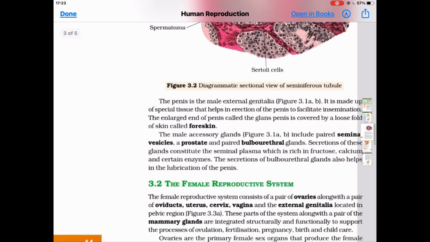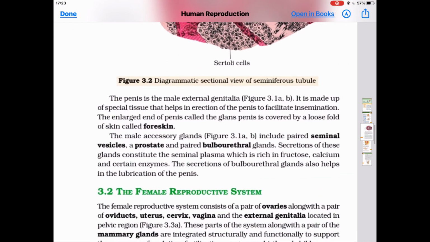The penis in the male is the male external genitalia. It is made up of special tissues that help in erection of the penis to facilitate insemination. What is insemination? The transfer of sperms into the female genital tract, the process is known as insemination. The enlarged end of penis, called glans penis, is covered by a loose fold of skin called foreskin.